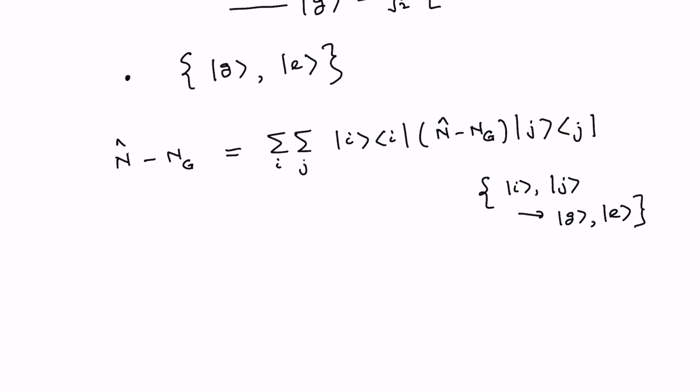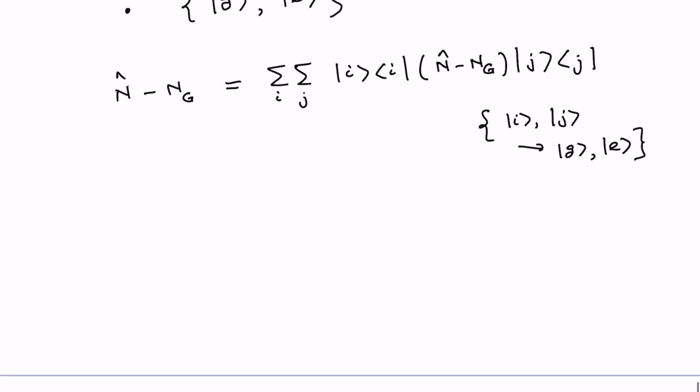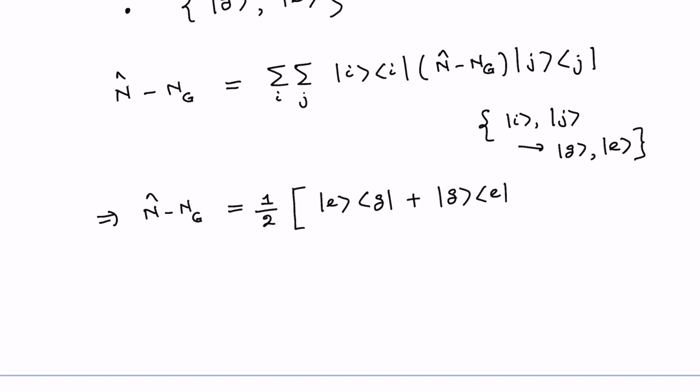So if you do the analysis, then you can show, maybe we will do it in the problem solving session by explicit calculation, that this number operator in the basis states |g>, |e> can be written in this form: 1/2 (|e><g| plus |g><e|).